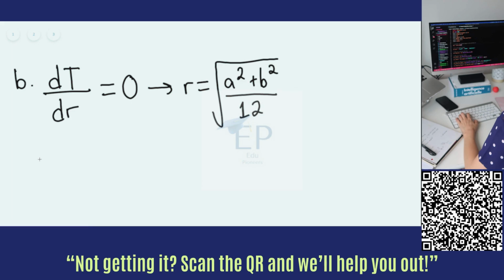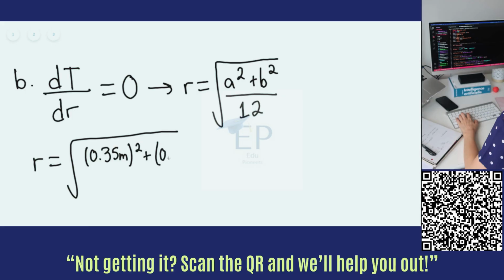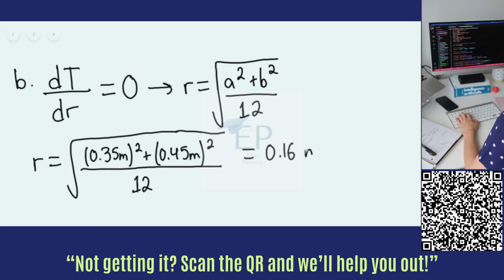And we can use the same exact values, so that r is going to be the square root of (0.35 meters) squared plus (0.45 meters) squared, and this would all be divided by 12. R is equaling 0.16 meters.